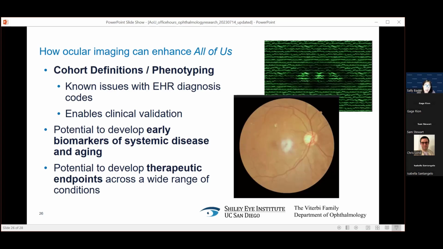But there are other image types, for example, OCTs, and this is actually a collage picture of my eye made up of component OCT images. So OCT is optical coherence tomography, a quick non-invasive image of the eye, and you actually get individual layers of the retina that you can visualize.